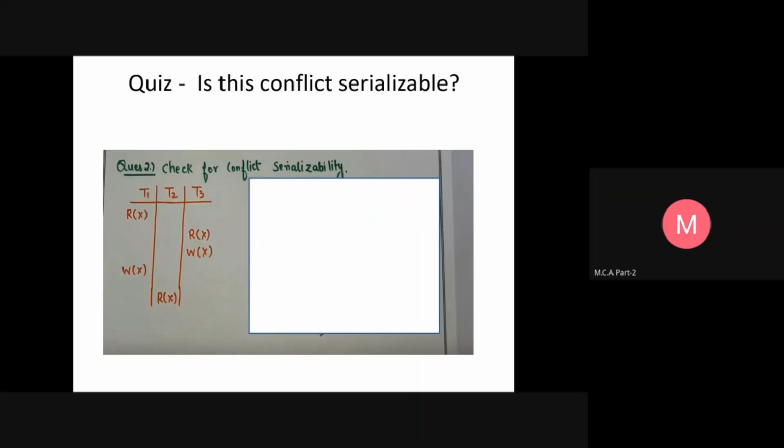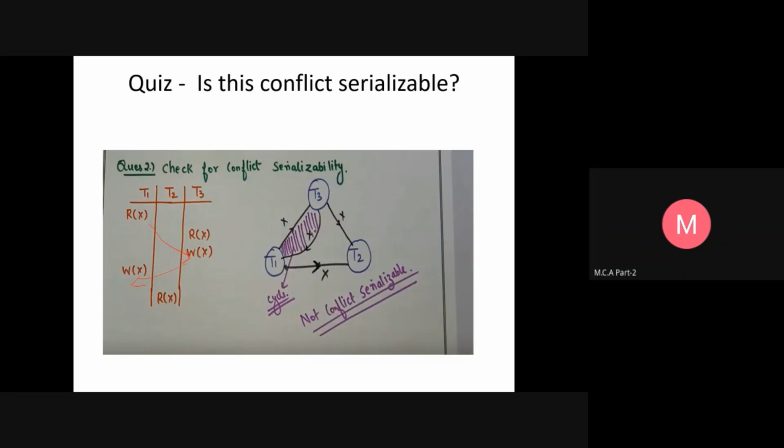Let's look at this one and check to see whether it is conflict serializable. Okay. So if we have T1 here, this read and this read do not conflict, so we do not have an arc from there. Similarly, this read and this read do not conflict, but there's no problem. But we have a read here and a write here, so they conflict. We have a write here and a write here, so it conflicts here. So the graph that we end up having is this. T1 to T3 on the data item X because of the read X and the write X here.